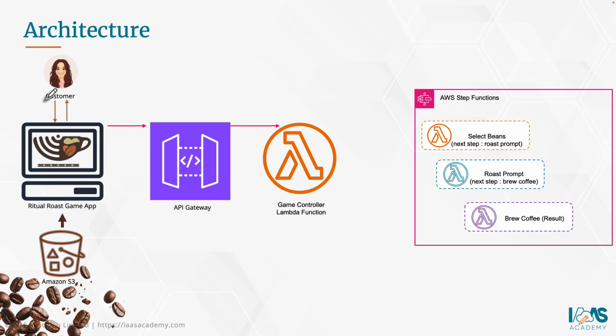This game controller is basically the glue between the front end and the back end. It's responsible for getting all of your customers' inputs and putting them in the appropriate format and sending it to Step Functions. Step Functions is doing what it needs to do best and then sending out the results back through Lambda, through API Gateway back to the front end.